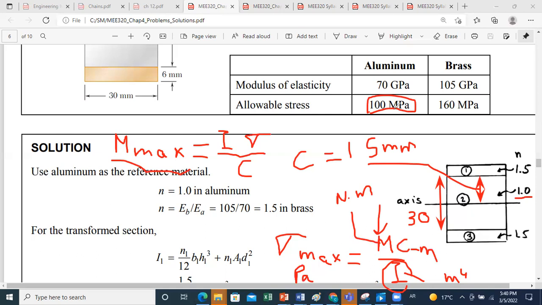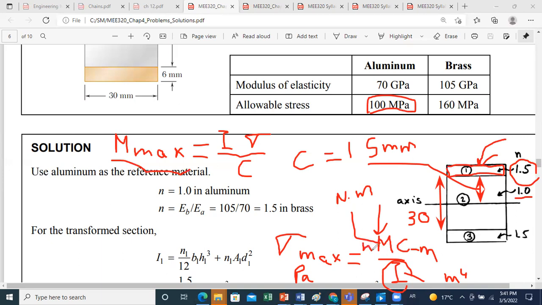Now for brass we should pay attention. For brass we should keep in mind that we modified the geometry. So the original stress is the stress calculated in the modified section times n. So don't forget to multiply by n for brass.